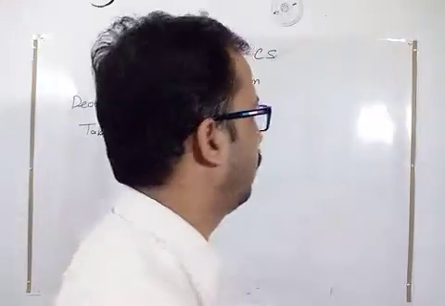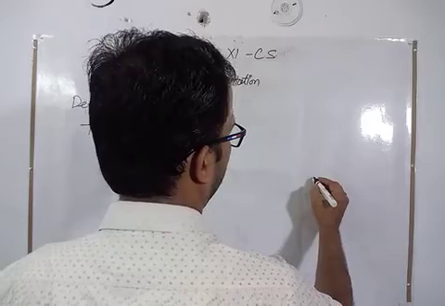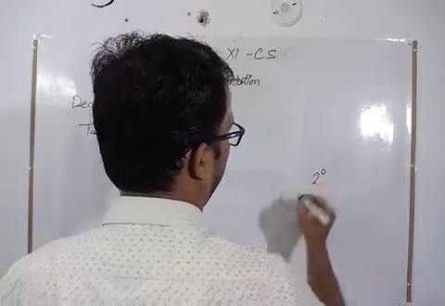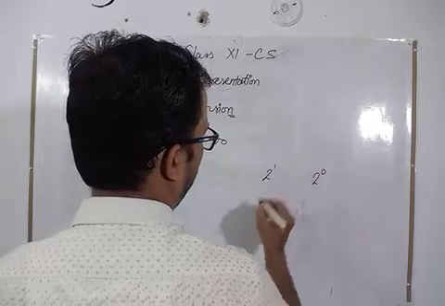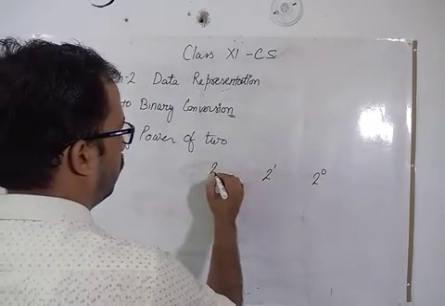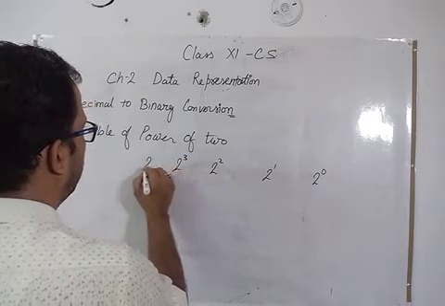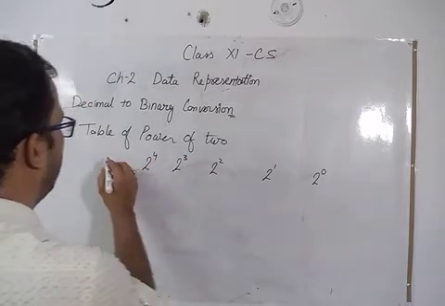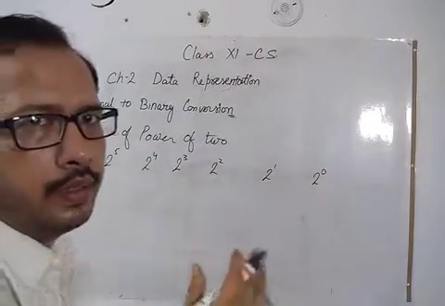So from right to left we will write 2 to the power 0, 2 raised to the power 1, 2 to the power 2, 2 to the power 3, 2 to the power 4, and 2 to the power 5, and up to so on you can move.